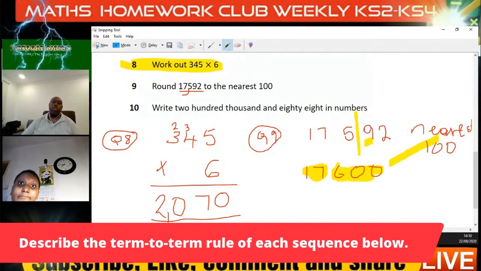That's to the nearest 100 because this number here is 9. It's 5 and more.